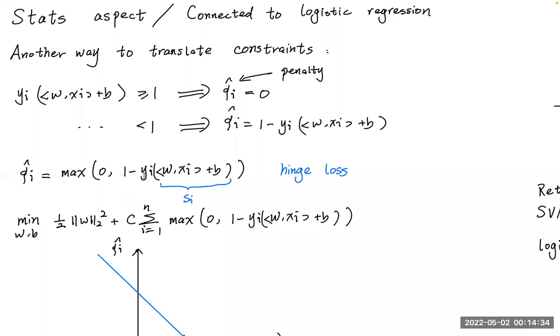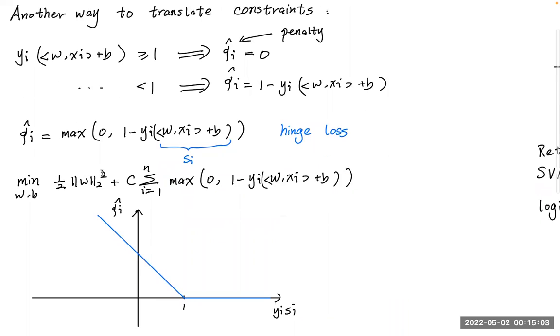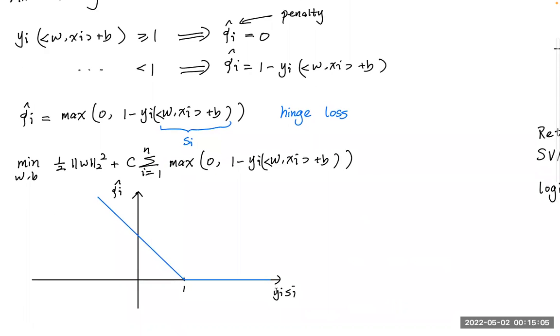So if y_i s_i is less than 1, then 1 minus y_i s_i is bigger than 0, right? So that's the price you need to pay. Say y_i s_i equals 0.7, this is 0.3, and then you need to pay 0.3. But if y_i s_i is bigger than 1, then 1 minus y_i s_i is less than 0, and the maximum between the two will be 0, so you don't need to pay. If y_i s_i is bigger than 1, you are safe.